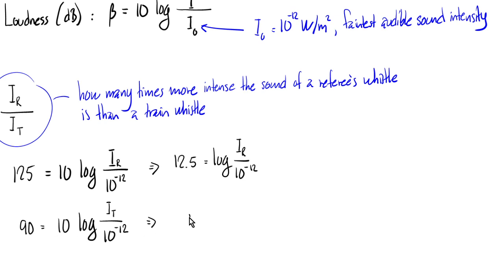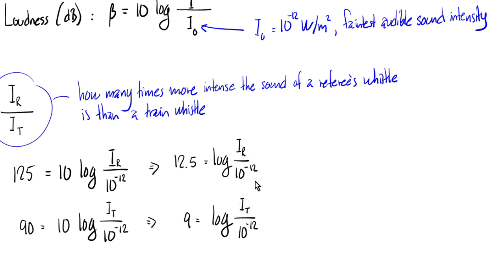We're going to get 9 equals log of the sound intensity over 10 to the power of negative 12. What we need to do here is solve it for the intensity.